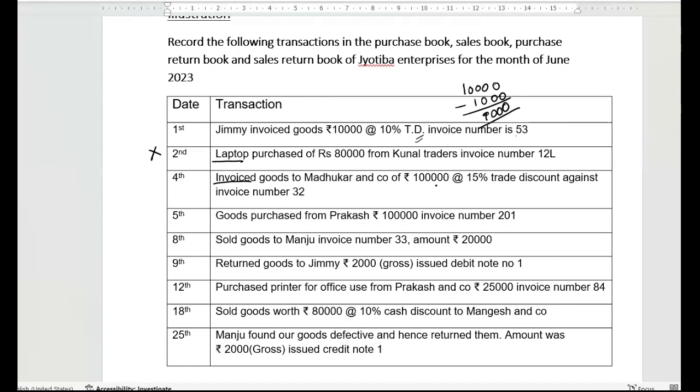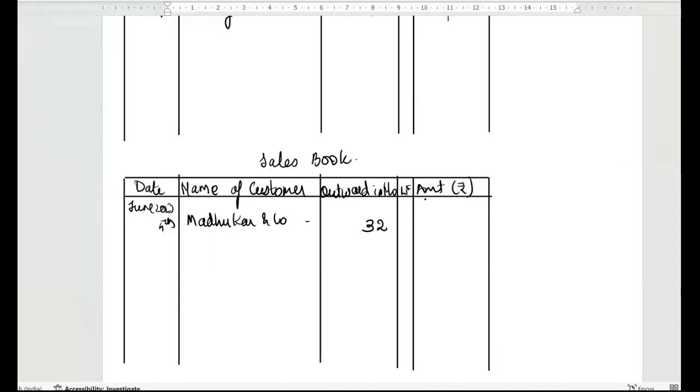And the amount that we are basically going to receive from Madhukar and Company will be after the trade discount of 15,000. So I'm going to have 1 lakh rupees of sales minus 15%, meaning 15,000 of the trade discount. So naturally, I am going to get the amount of 85,000. So 85,000 will be the sales made to Madhukar and Company. So let's write here 85,000.